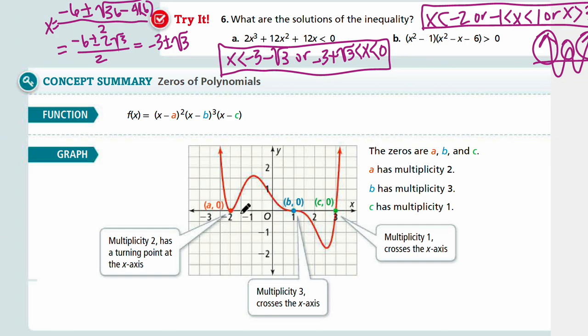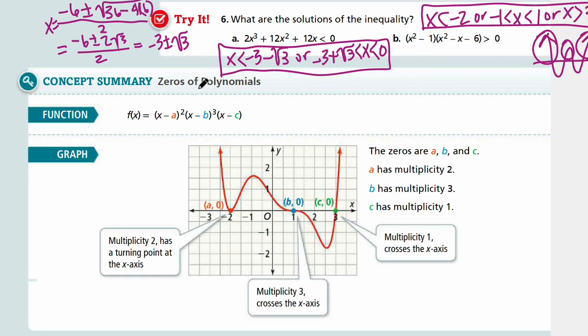So the multiplicity of 2 has a turning point at the x-axis, and the multiplicity of 3, which is an odd number, crosses the x-axis, but will have like 2 turning points. So like there is a little curve going there, and then another little curve going down, and then you have another turning point here, and then this is just the 0 that goes through.